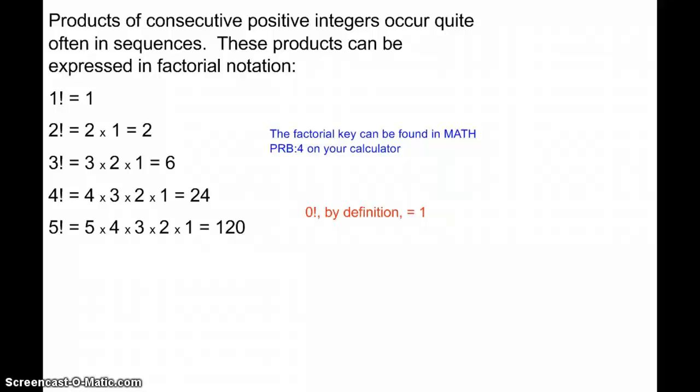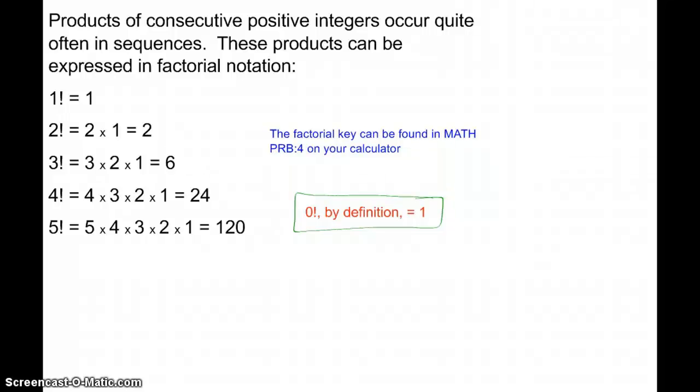Products of consecutive positive integers occur quite often in sequences. We are going to see factorials a lot. Up until this point, we have seen factorials in building our polynomials, so we're quite aware of what those factorials look like, what they involve. The one thing that I haven't really pointed out up to this point, if you find yourself with 0 factorial, it is in fact true that 0 factorial has a value of 1. 0 factorial is not 0 times 0.